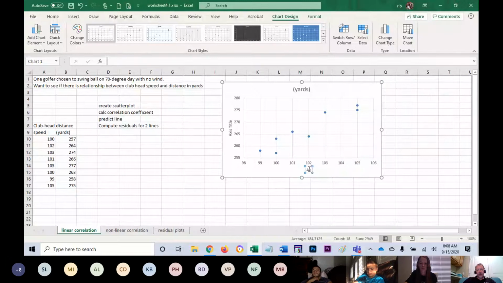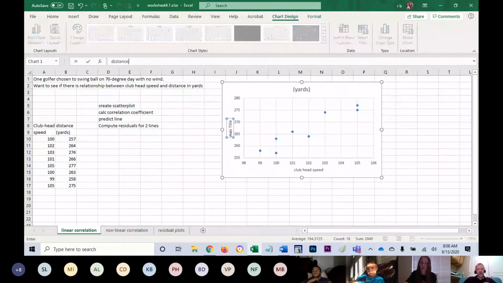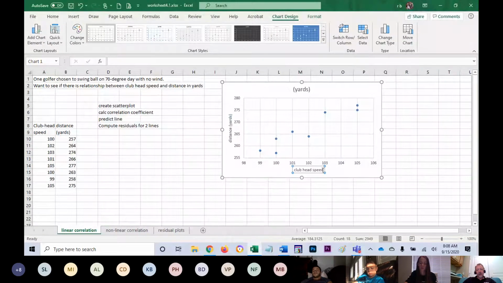Okay, club head speed. And the vertical axis title? Distance in yards. Okay. And maybe what are the units for the club head speed? Miles per hour.